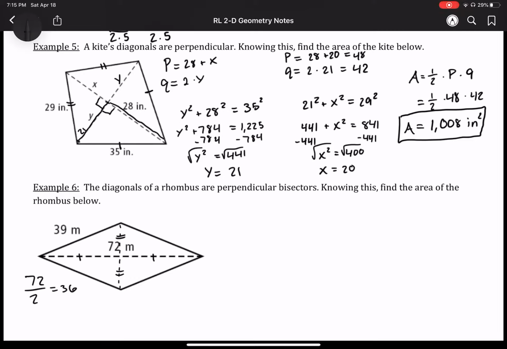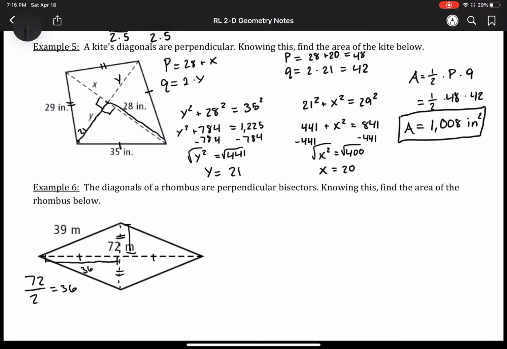That is this side of my triangle. So that's 36. And now I can use the Pythagorean theorem to find this missing side right here, which is half of my other diagonal.